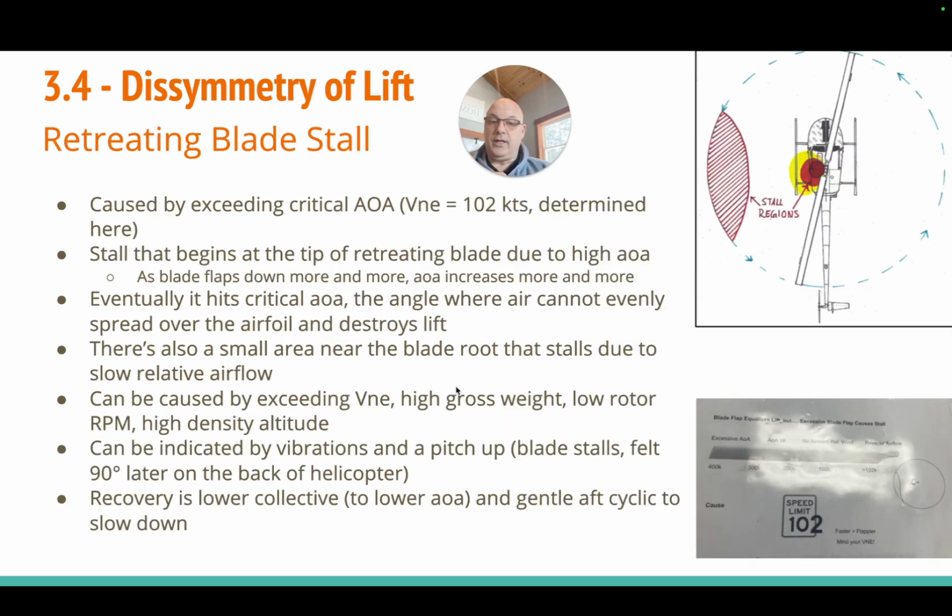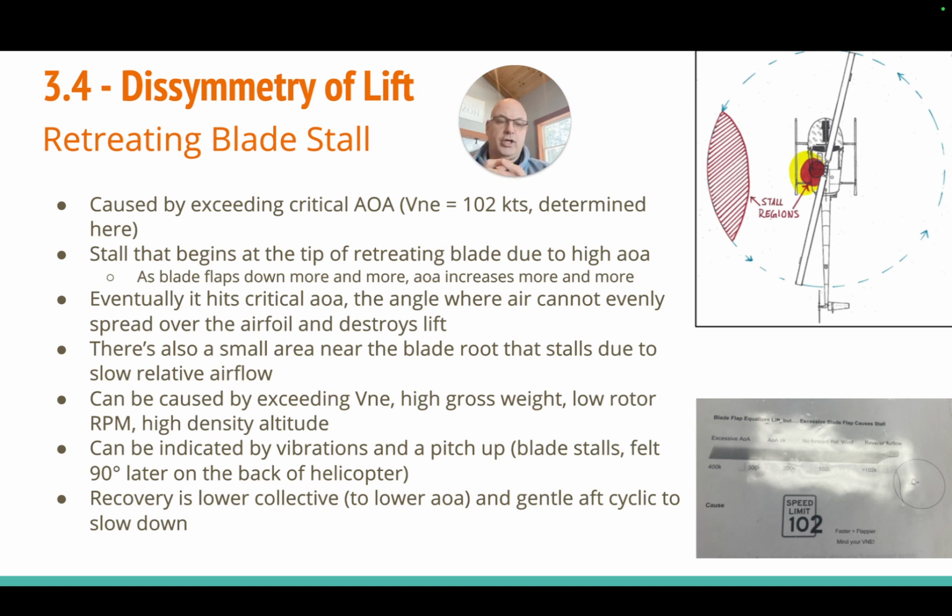And that is something that we need to take into consideration on the ground. Why and how do we do that? Well, first of all, we have to have a good weight and balance. The second thing we need to take into consideration is the outside conditions of temperature, humidity, density altitude, to understand how fast we can go, the never exceed speed limit for that particular day.